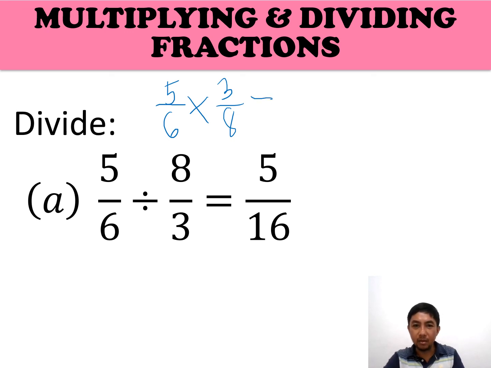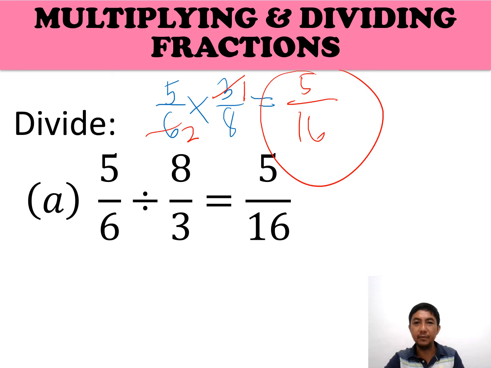And then after that, ayan, pwede na natin siyang i-simplify. So kagaya ng ganito, 3 is divisible by 3 and 6 is also divisible by 3. So 3 divided by 3 is 1. 6 divided by 3 is 2. Then, saka mo i-multiply. So 5 times 1 is 5. 2 times 8 is 16. So you are given 5 over 16.